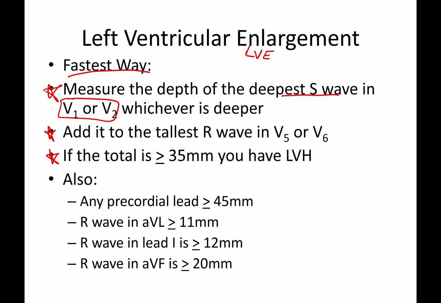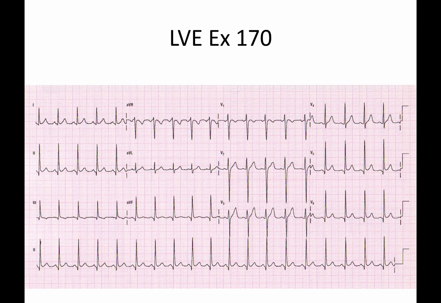You take whichever's larger, total number of millimeters. You're going to add that to the tallest R wave in V5 or V6. If that grand total is greater than 35 millimeters, you have left ventricular hypertrophy. You can read the rest of this stuff if you really want, but it's going to be awful easy to forget. So just focus on this quick way to get things rolling for yourself. So let's test it out.